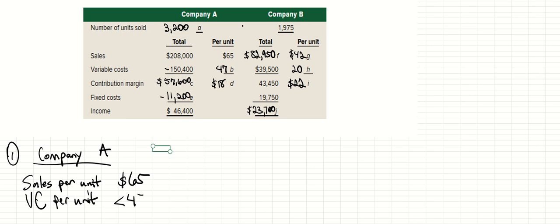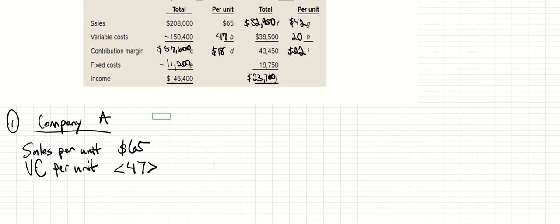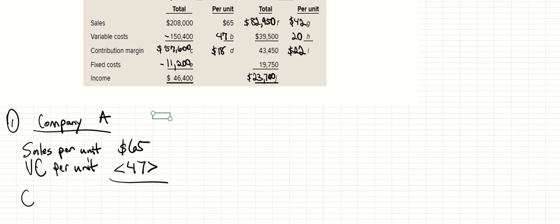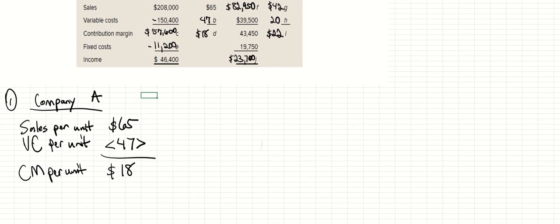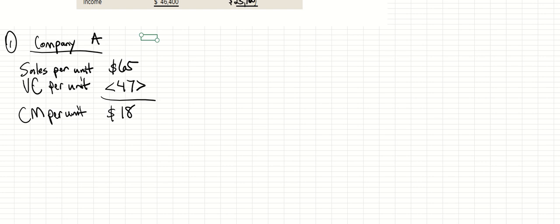That's going to give us 47, which means that our contribution margin, CM, per unit is going to be $18 per unit. So that's step 1. Step 2, let me put on here the steps. Step 1 and then step 2.